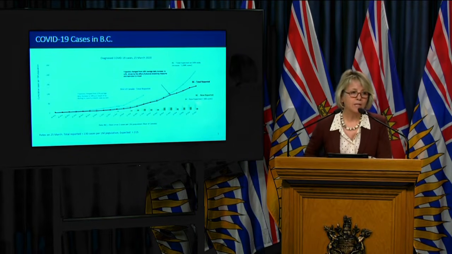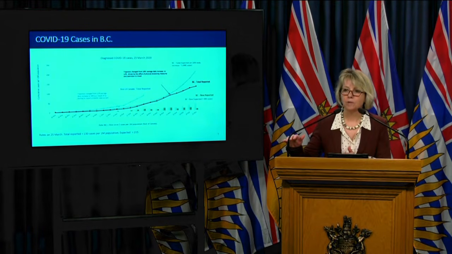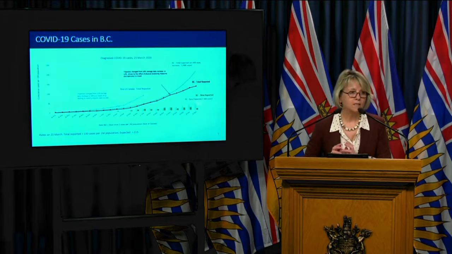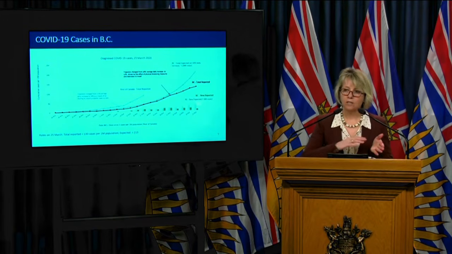So for me, when I'm looking at this curve, I know that there are people who were exposed to this virus prior to that date who are going to become sick in the 14 days after their exposure. So it is not surprising, and we've been seeing that in the last 10 days, we've started to see people becoming ill.